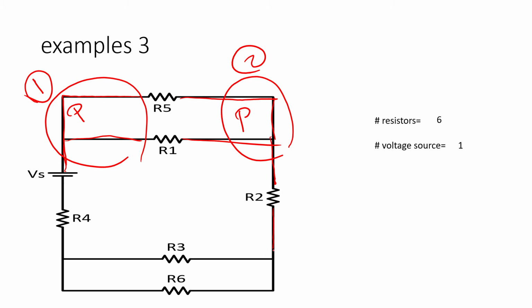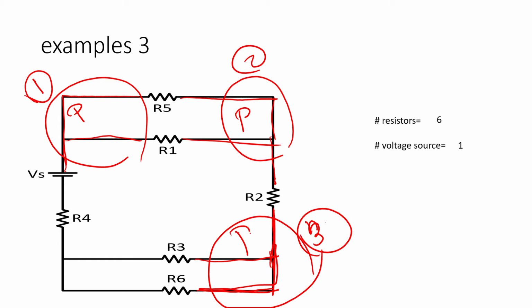R2, R3 and R5 are connected in the same line, with the same connector, with the same node, so it is node number 3, and it is a P node.